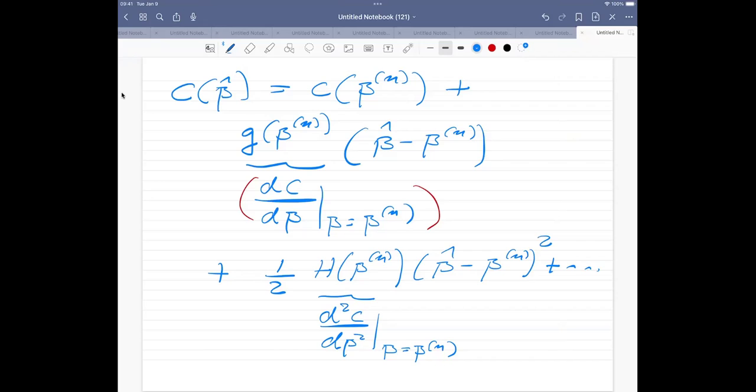So what I do next, I just introduce a new variable b, which is beta minus beta of n, just to compactify the equations and make life a little bit simpler.